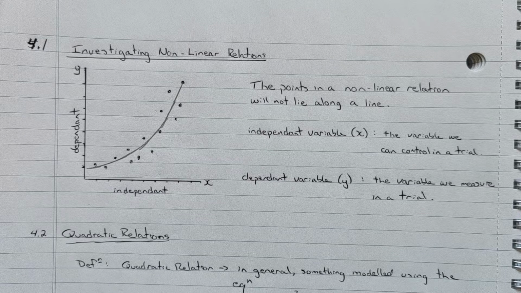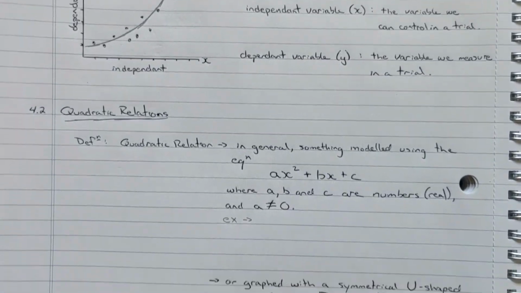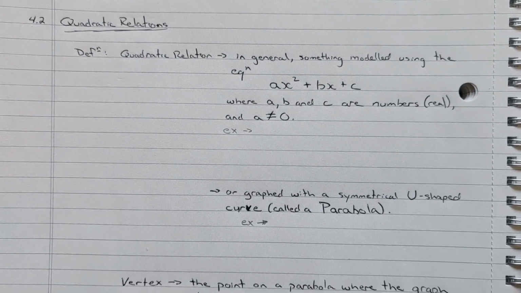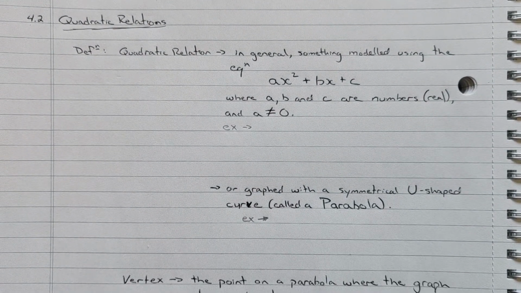Now moving on here into kind of the meat of what we're getting into and what we've been prepping for in the last bit is quadratic relations. And so now quadratic relations, in general, just some definitions here, and then we'll get into some more specific activities with it later. But a quadratic relation in general is something that is modeled by using the equation ax squared plus bx plus c.